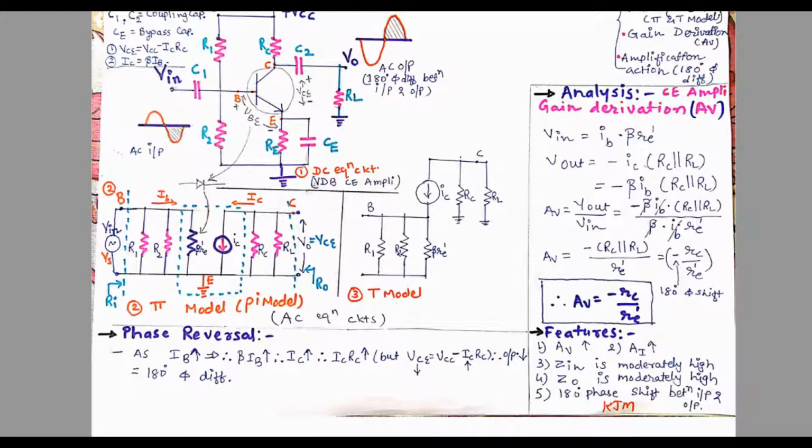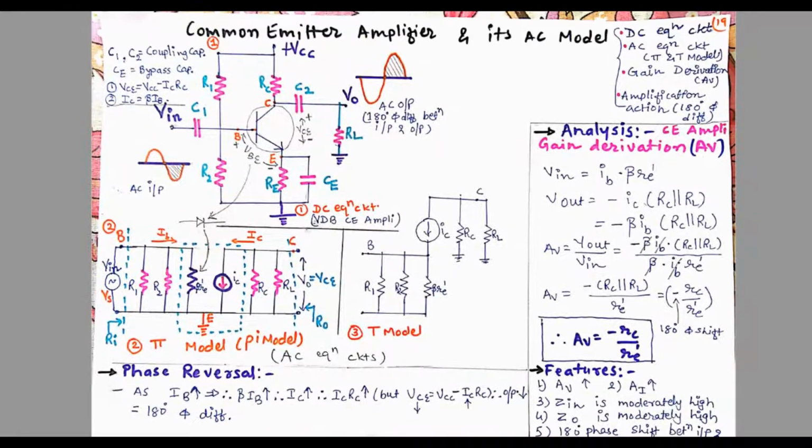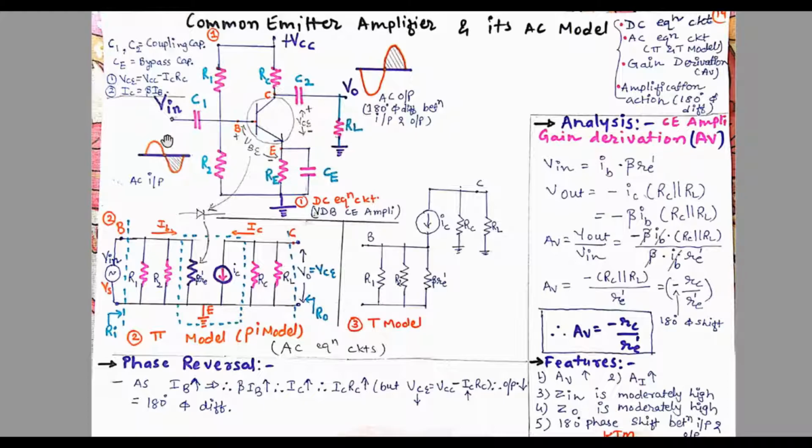Again I am repeating today's points. In the common emitter amplifier, the input signal is amplified in amplitude. You can see this is the small signal and this is the big signal, big magnitude. So it is amplified. Another main point is the 180-degree phase difference between input and output.